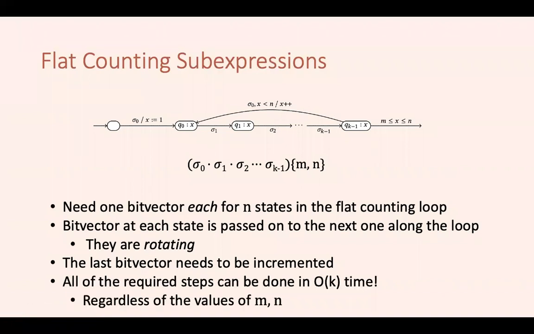The interesting thing over here is that all of these operations can be done in O of k time, and k is the number of states in that loop, and this wouldn't depend on the values of m and n.